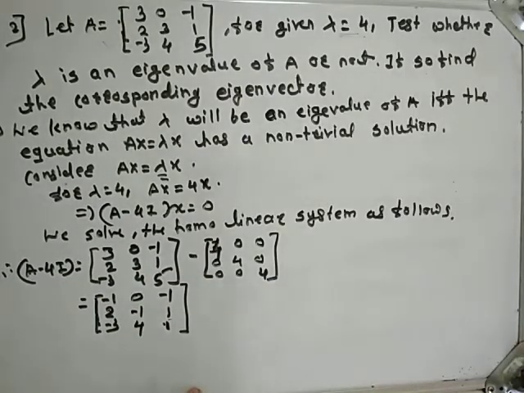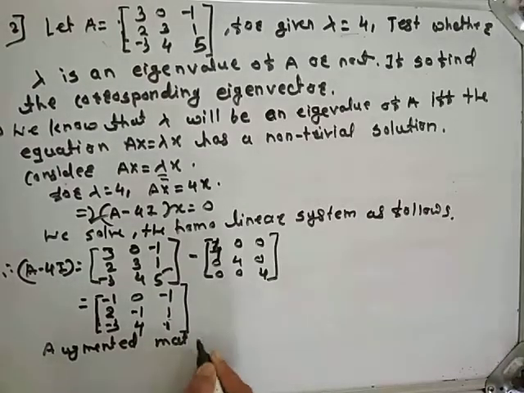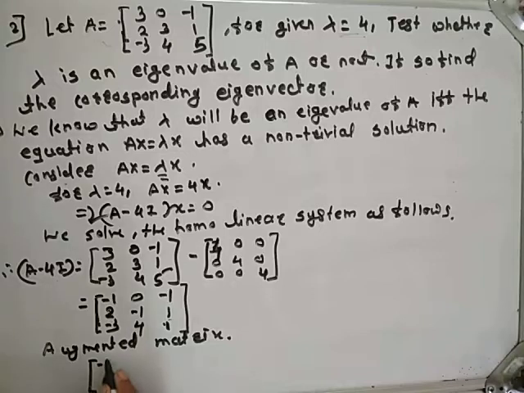Now we will write down the augmented matrix for the homogeneous linear system. What is the augmented matrix? The augmented matrix is minus 1, 0, minus 1, 0, 2, minus 1, 1, 0, minus 3, 4, 1, 0.